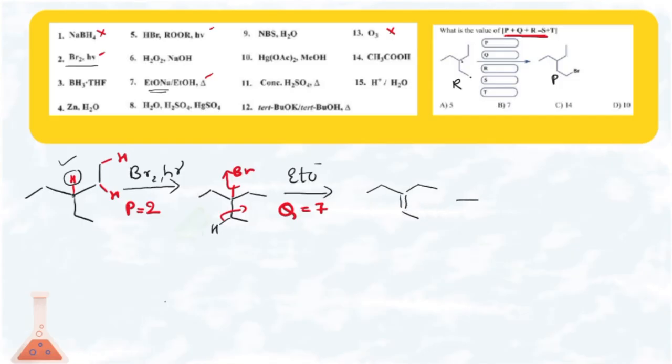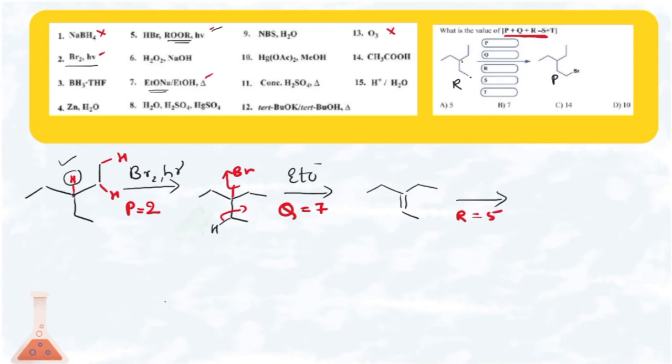So let's do the hydrohalogenation of this double bond. And also make sure that the bromine will be somewhere here. That means it should obey anti-Markovnikov's hydrohalogenation. And what is the right reagent? This one, because of the peroxide. So that will be R and R will be 5.